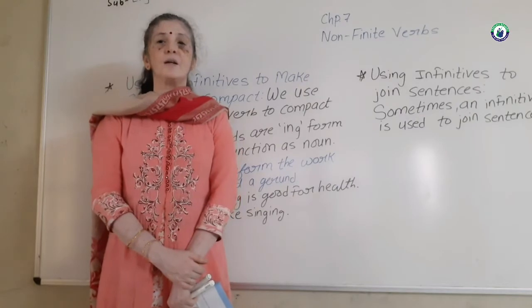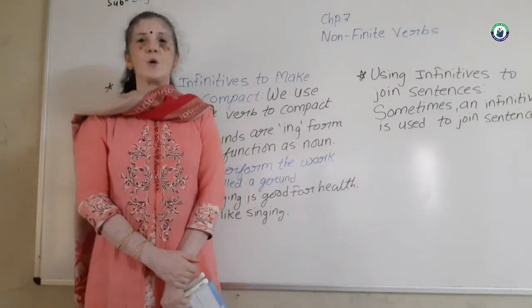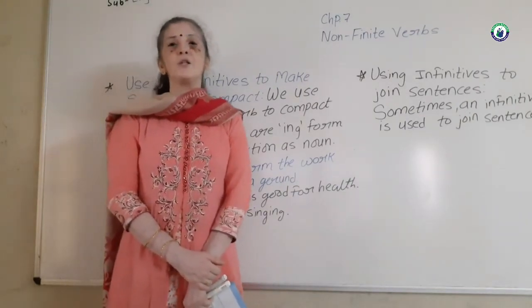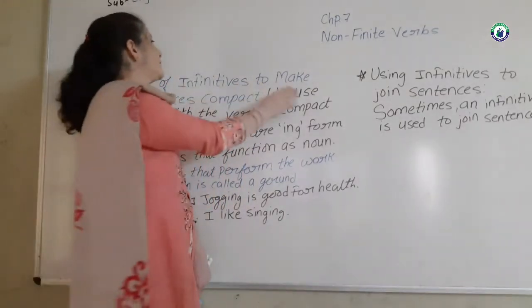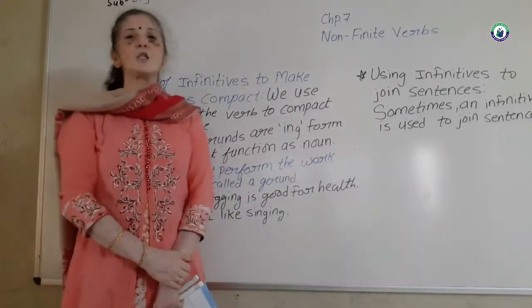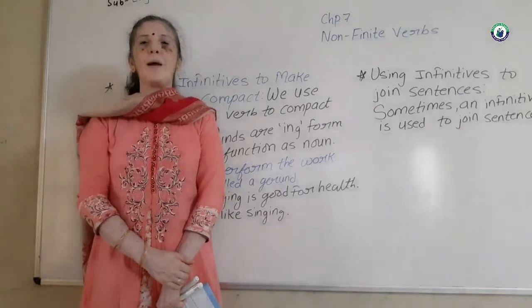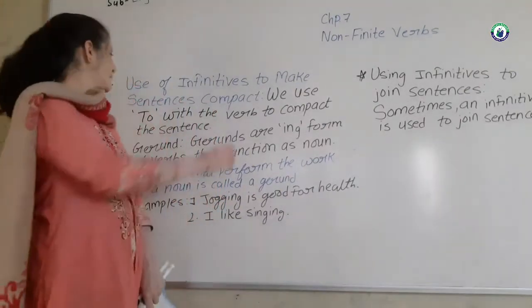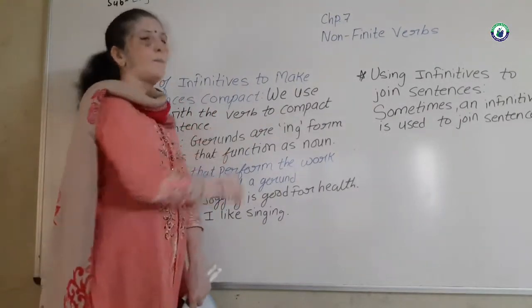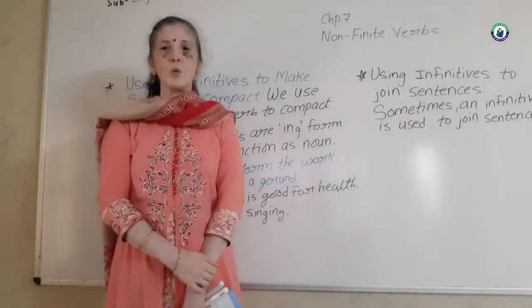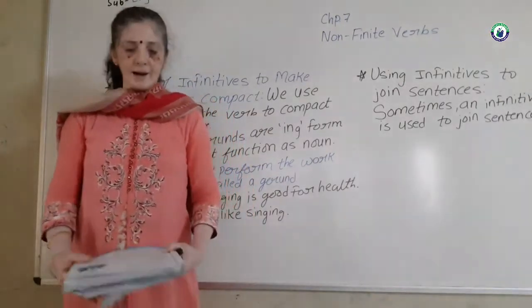Without to, it is called bare infinitive. And today we will learn use of infinitive to make sentence compact. Compact means we have to shorten the sentence. We use to with the verb to compact the sentence.